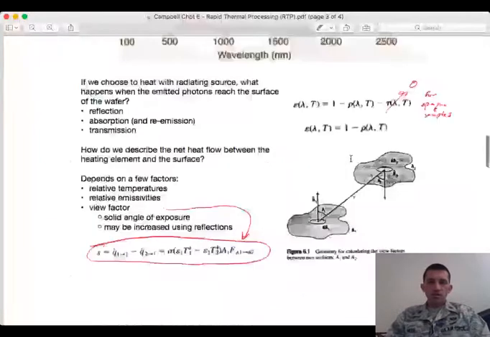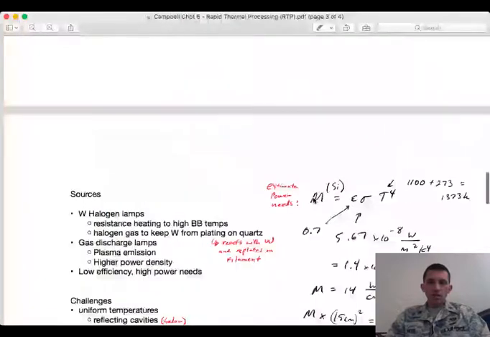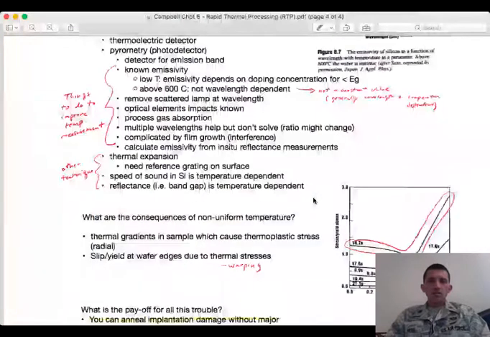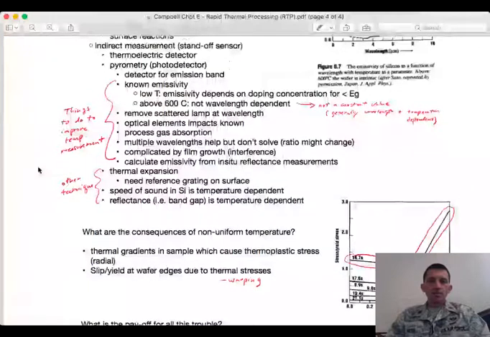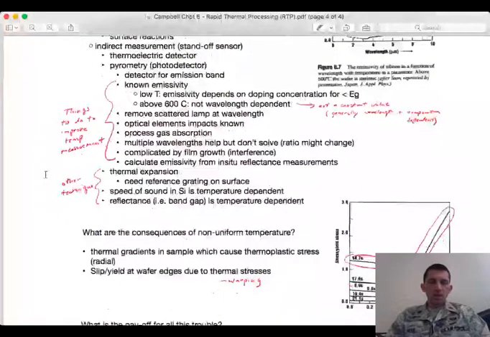If you assume that the surface is opaque, then I can make a reflectivity measurement and actually calculate the emissivity in situ. So all of these are things you can do, things that you need to be aware of to make this pyrometer, this indirect measurement, more accurate.